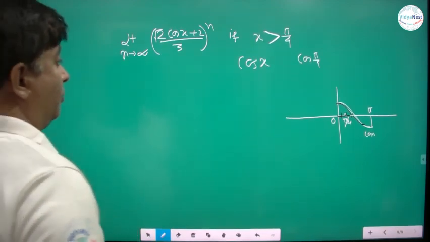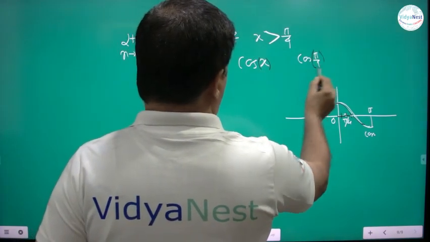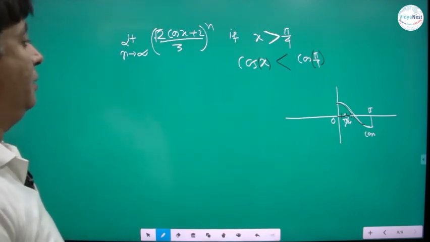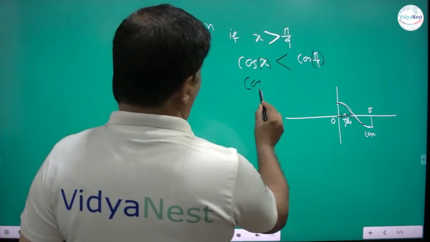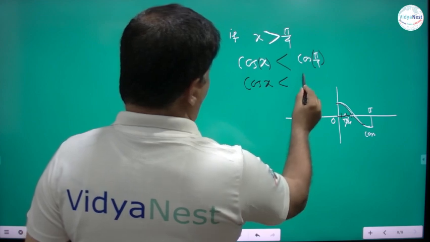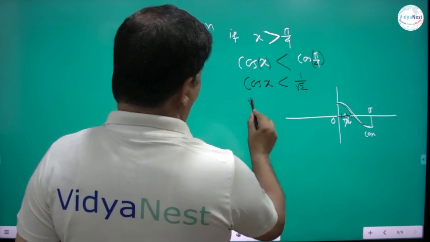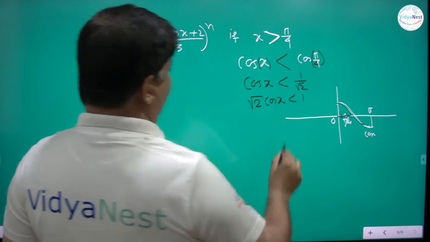So once I put cos to both sides, greater than will become lesser. Yes or no? So cos x is less than 1 by root 2, so root 2 cos x is less than 1. Understand?